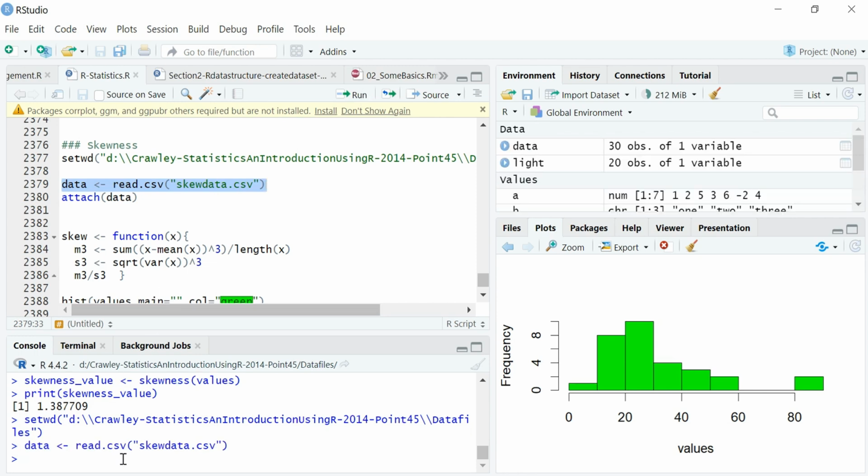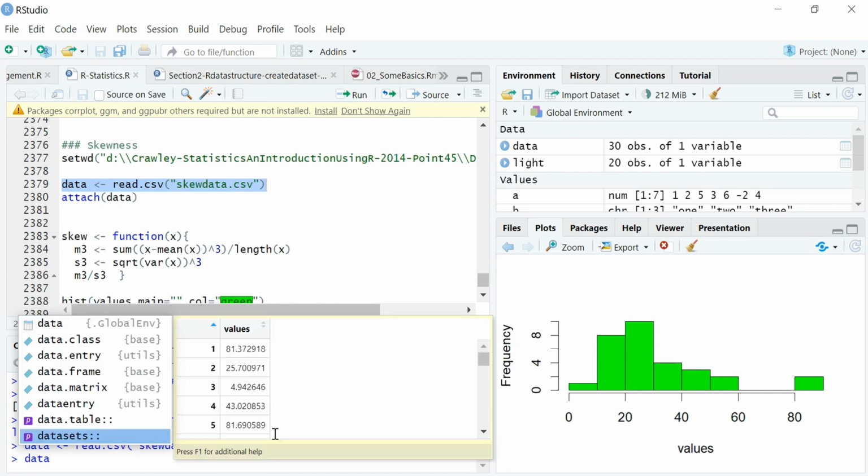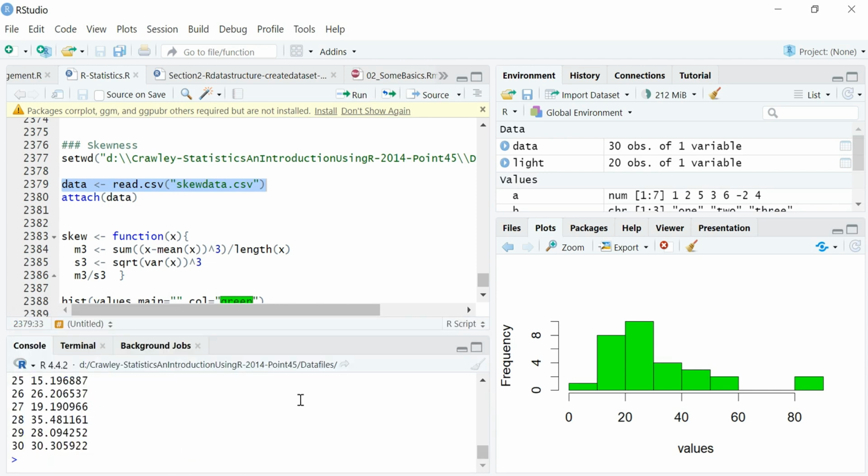Then we show the data information. It is very simple data with only one column called values, and there are 30 observations.